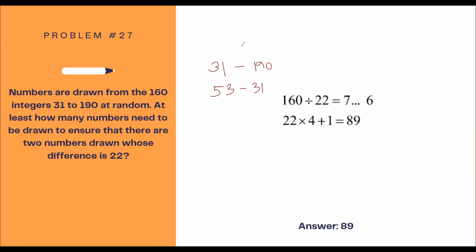This one is for sure. So for this one, since we have 22, since we have a set of 22 numbers, from 160, we have 160 integers, right?